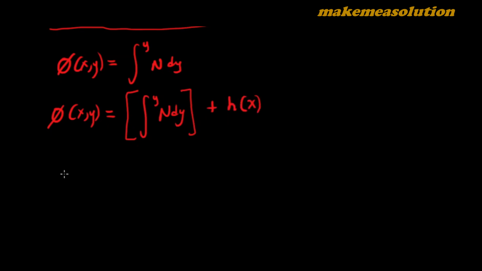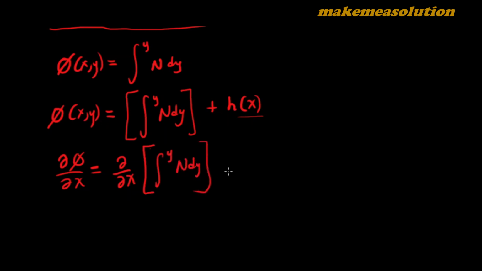So if my integration constant is a function of x, I'll now differentiate partially with respect to x, because I want to determine the value of h prime of x. So it will be partial differentiation with respect to x of this whole stuff over here, then plus, when you now differentiate this, you get h prime of x.